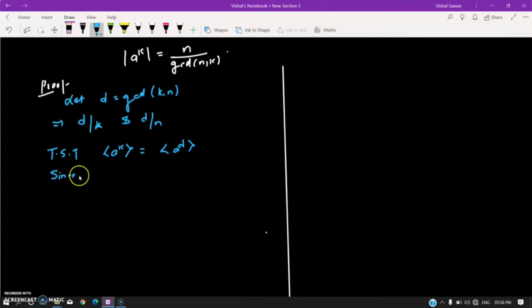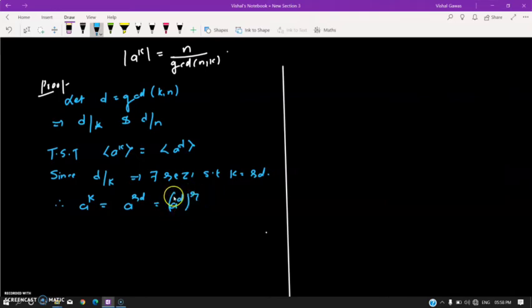Since d divides k, there exists some r in Z such that k is nothing but r times d. Therefore, a raised to k is nothing but a raised to r times d, which is nothing but a raised to d, r times.